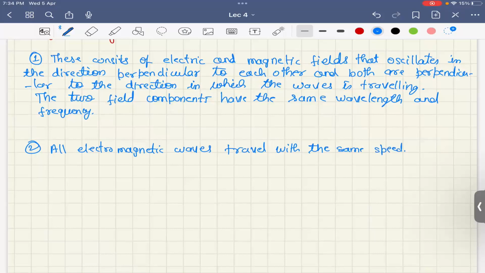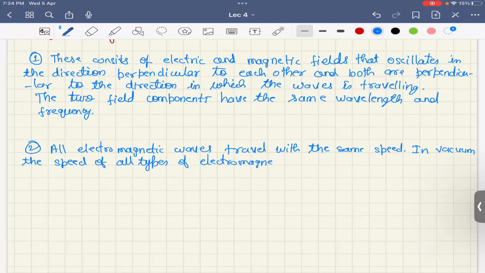In vacuum, the speed of all types of electromagnetic radiation is 3 into 10 to the power 8 meter per second.